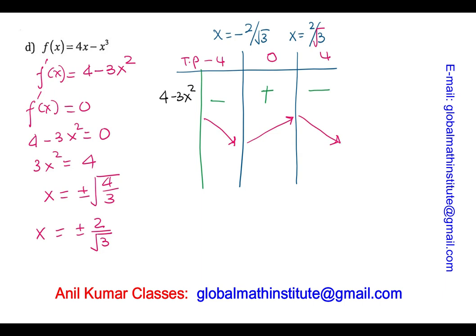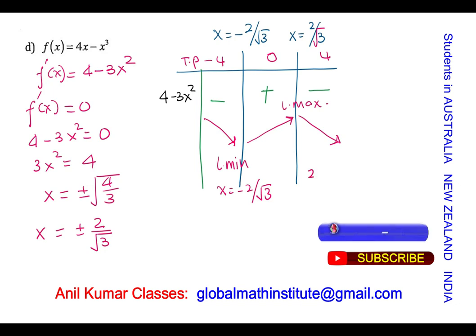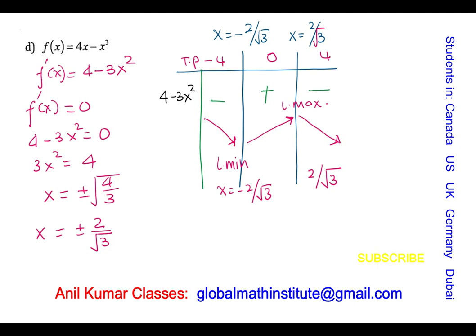So clearly in this case we have a local minimum and then we have a local maximum, correct? So local minimum is at x equals minus 2 over square root 3, and local maximum is at x equals 2 over square root 3. Makes sense, correct? So we again have these two stationary points, one of them being a local minimum at x equals minus 2 over square root 3, and the local maximum at 2 over square root 3.